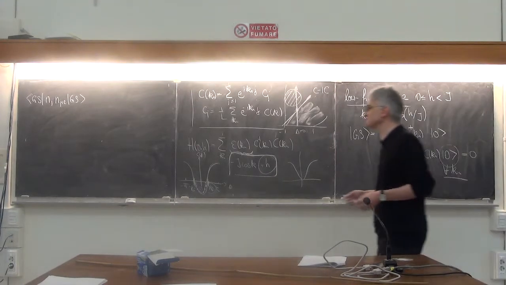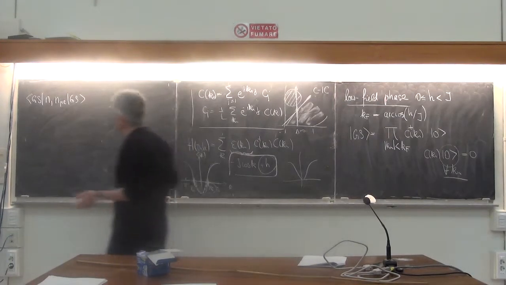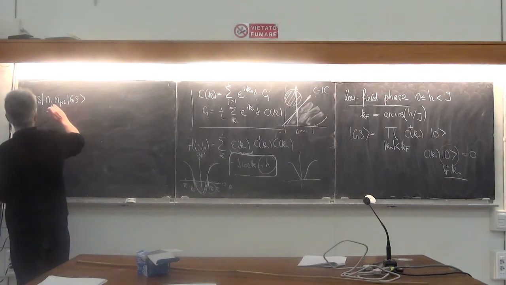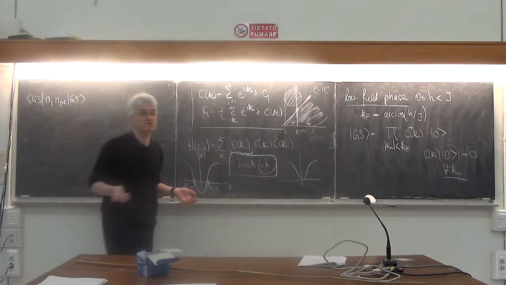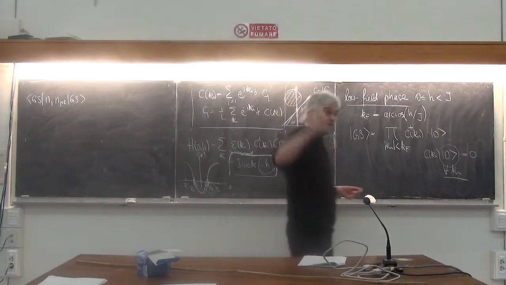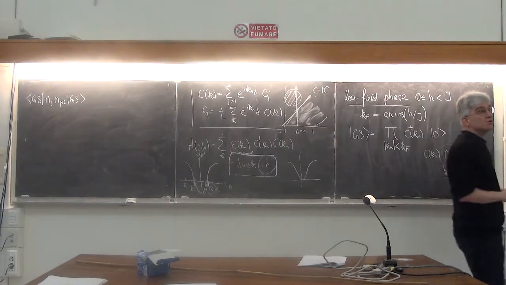You can calculate using Wick's theorem, or if you don't like Wick's theorem for whatever reason, you can calculate it just by using the anti-commutation relations, and basically moving the annihilation operators through the Fermi vacuum.